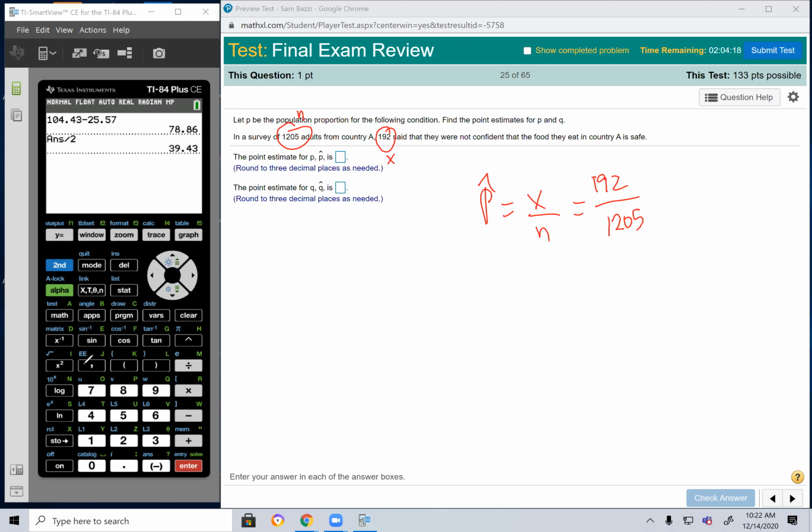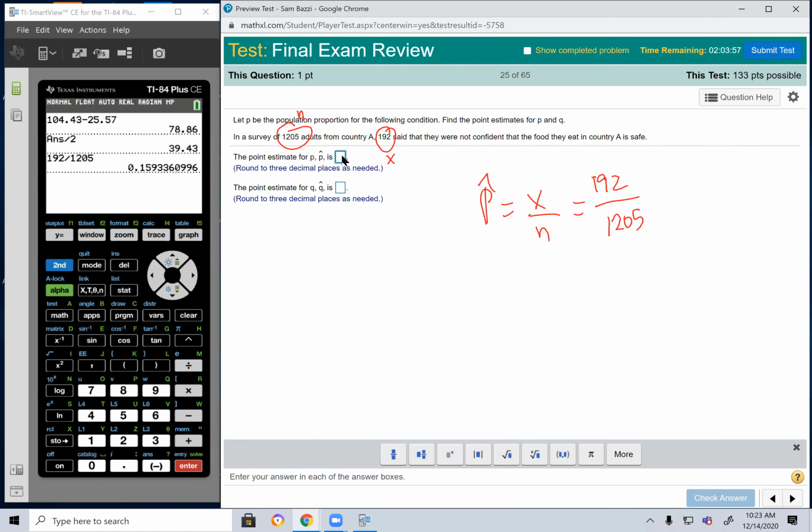This is the sample proportion. That's what he wants. So a point estimate for the population proportion is the sample proportion. 192 divided by 1205, guys, 3 decimal places, so 0.159.